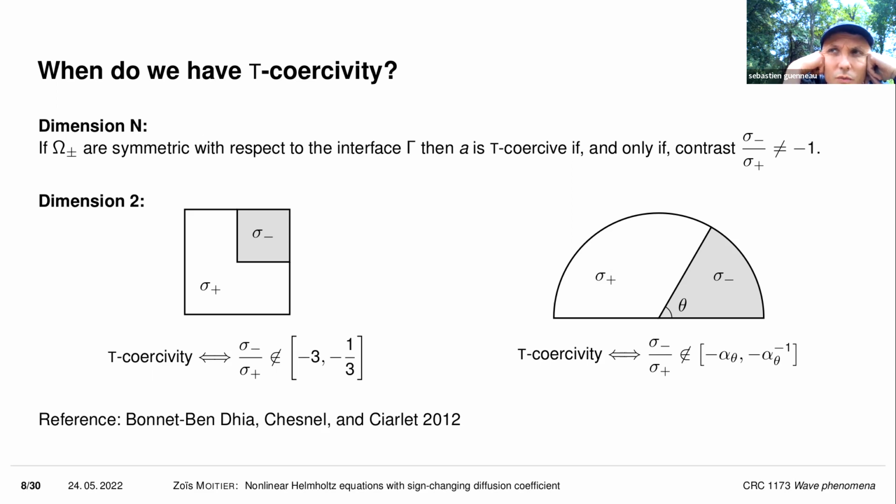I don't know if you can have this T-coercivity property for that. You might need to ask Anne-Sophie. Anne-Sophie might be able to answer this kind of question more precisely.